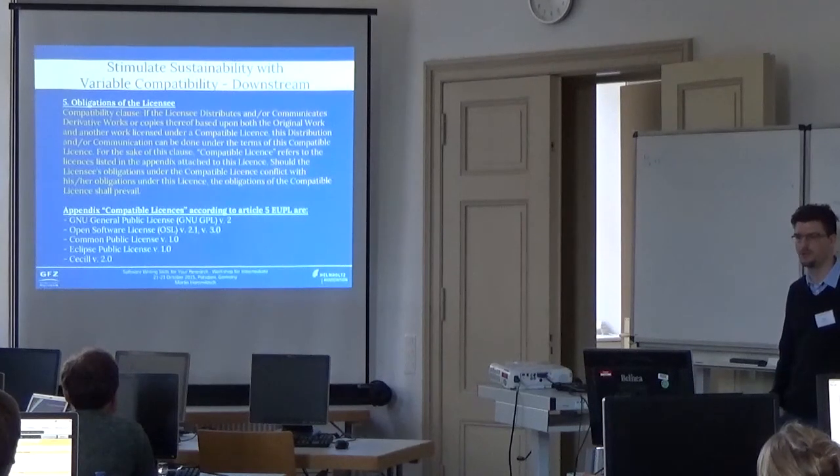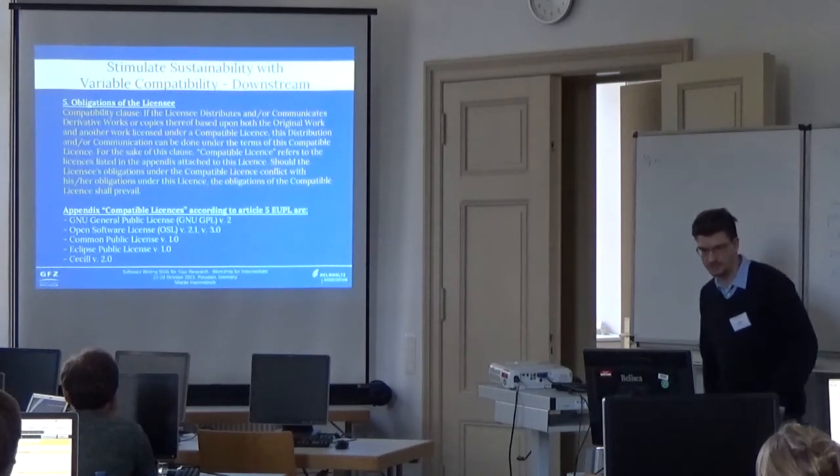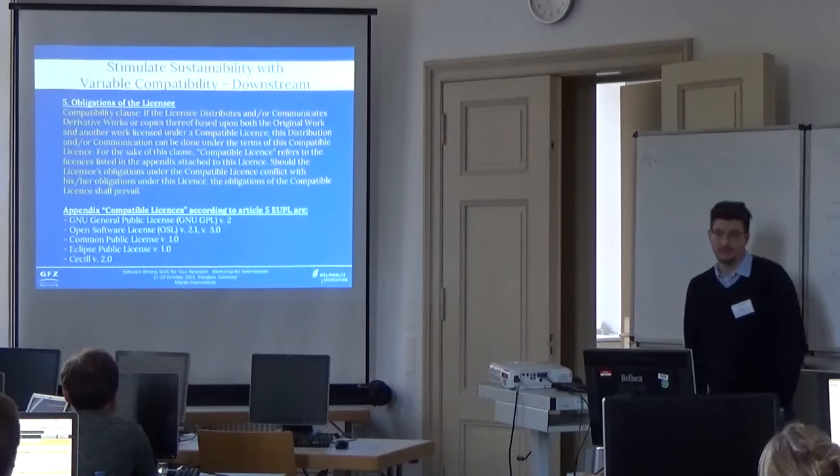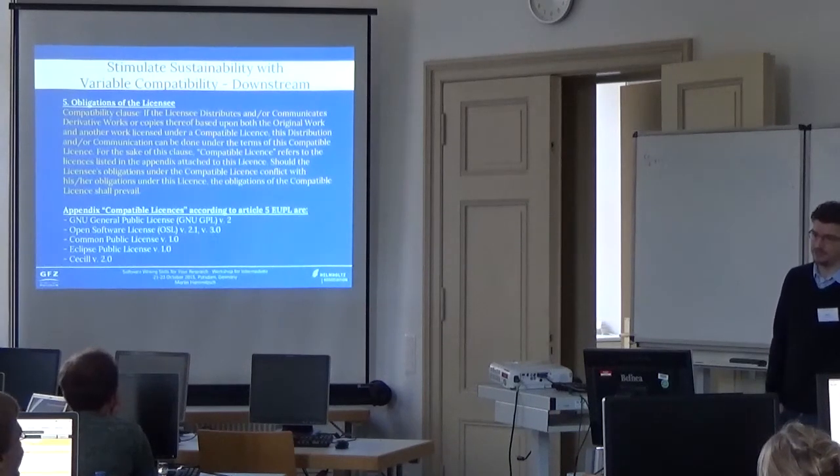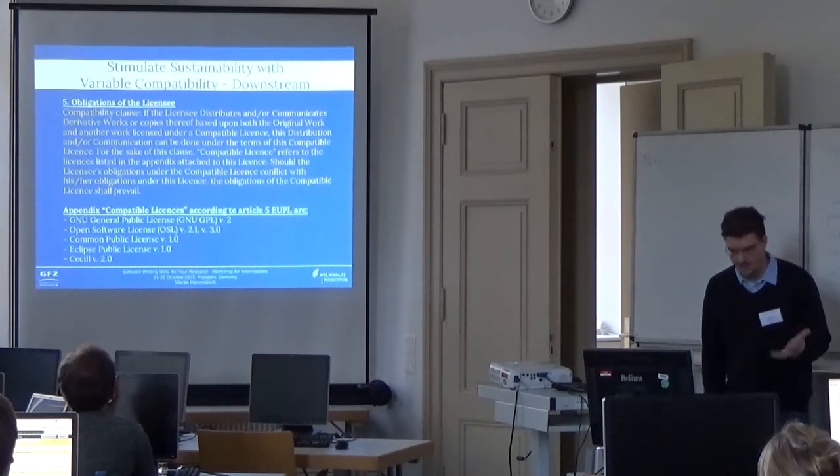For the sake of this clause, compatible license refers to the licenses listed in the appendix attached to this license. Should the licensee obligations under the compatible license conflict with his/her obligations under this license, the obligations of the compatible license shall prevail. So you don't understand anything.